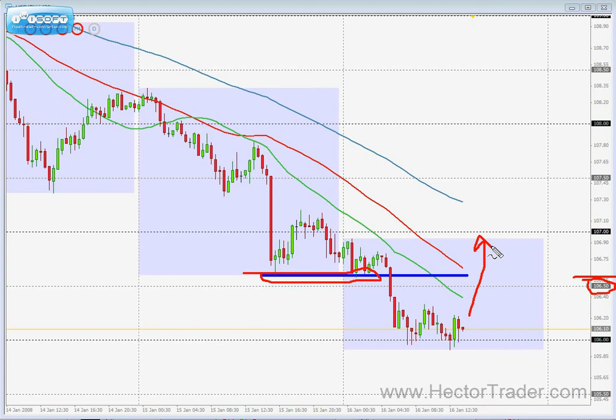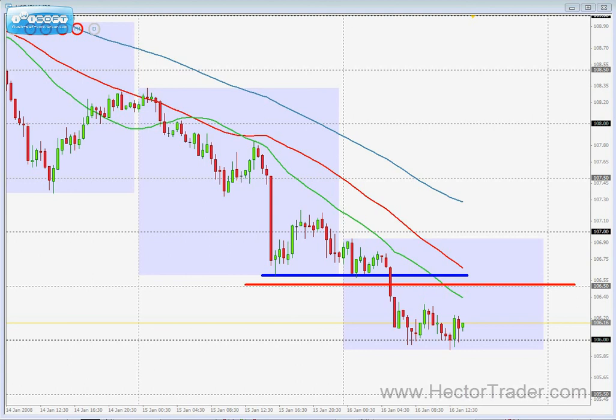Fine, now we know where the key support and resistance level for the day is, as we already mentioned, 106.50, 106.60.